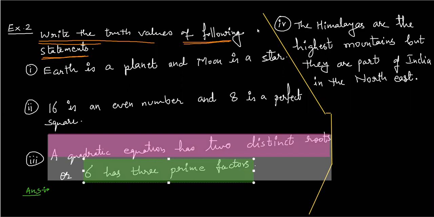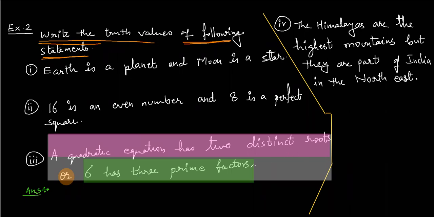Here the logical connective that we have used is or. So the compound statement is, a quadratic equation has 2 distinct roots, or 6 has 3 prime factors. They are asking, what is the truth value of this compound statement?